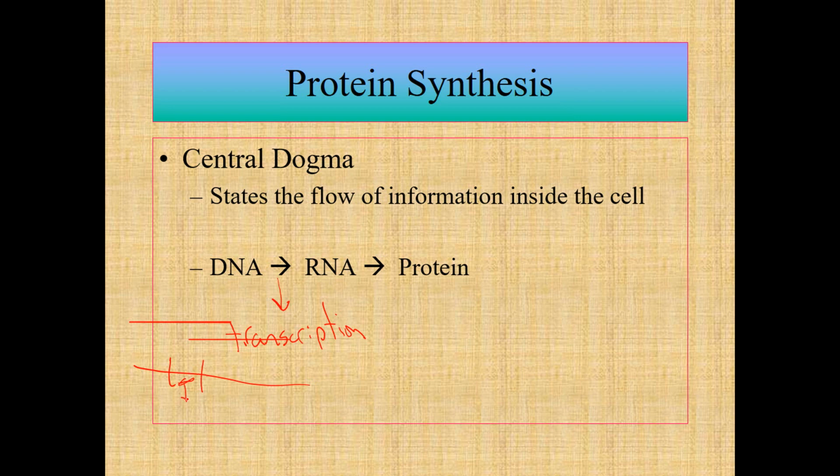A section of this will be transcribed into RNA, and then that RNA will be translated into a protein. So the central dogma is DNA to RNA to protein. DNA to RNA is called transcription, and that occurs in the nucleus. RNA will then get translated to a protein, and that occurs in the cytoplasm.